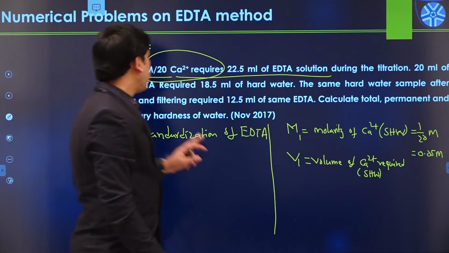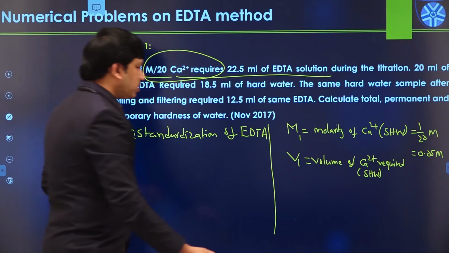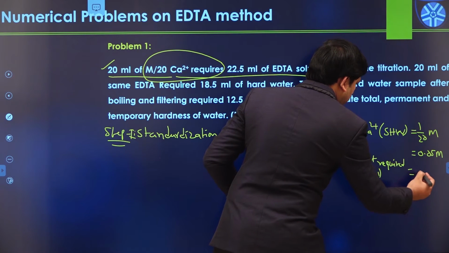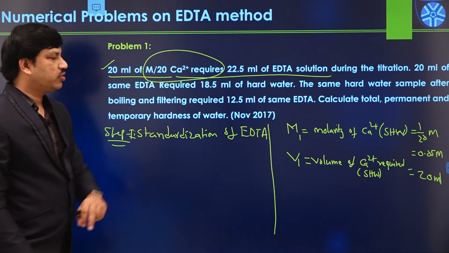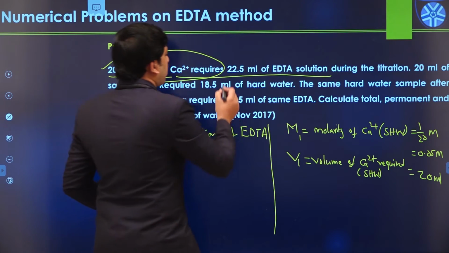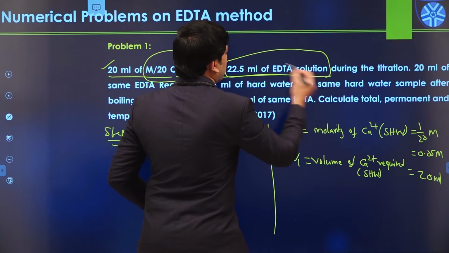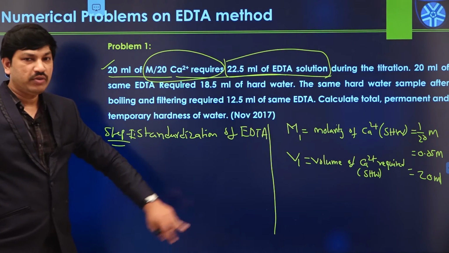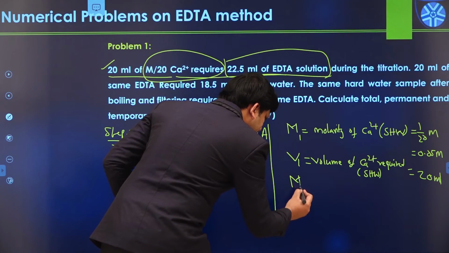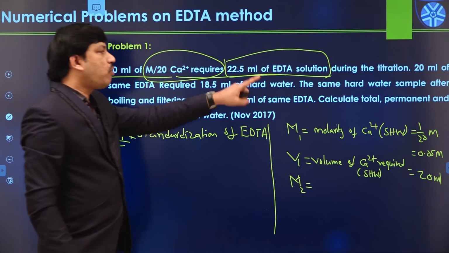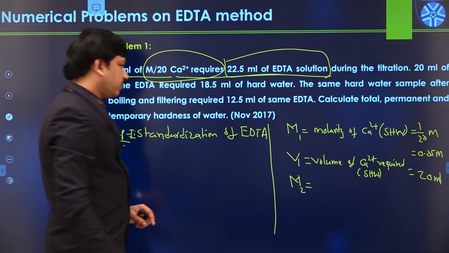How much standard hard water sample have we taken? 20 ml only. So the V1 value is 20 ml. And this is the second part, the unknown solution. M1 and V1, we have these values. And what is M2? M2 is the molarity of the EDTA solution.